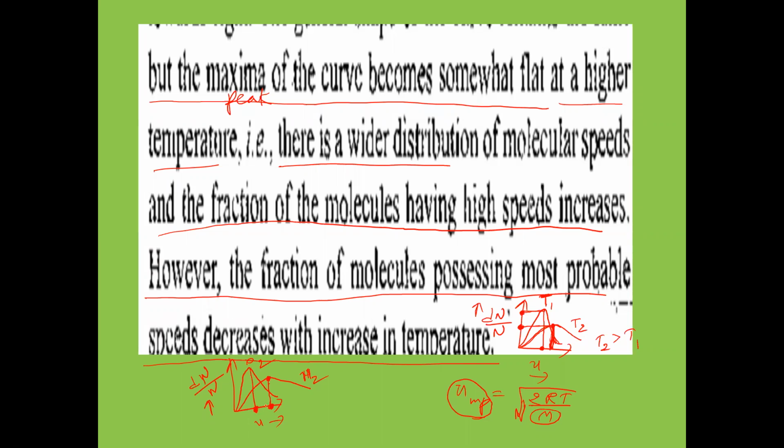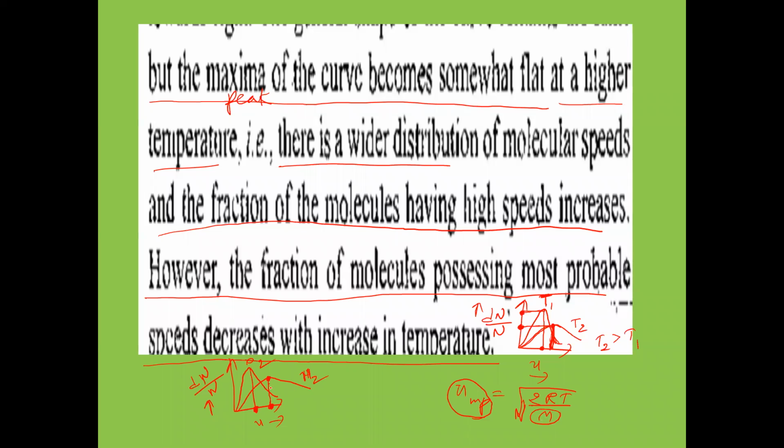Now, which one has more magnitude of most probable velocity? Hydrogen has more magnitude of most probable velocity. Why? Because hydrogen has less molecular mass, therefore most probable velocity will be high.